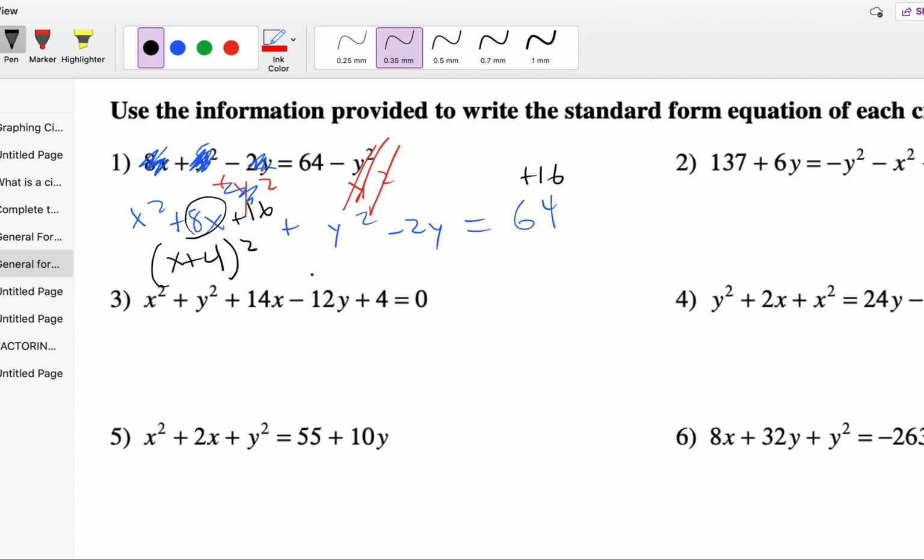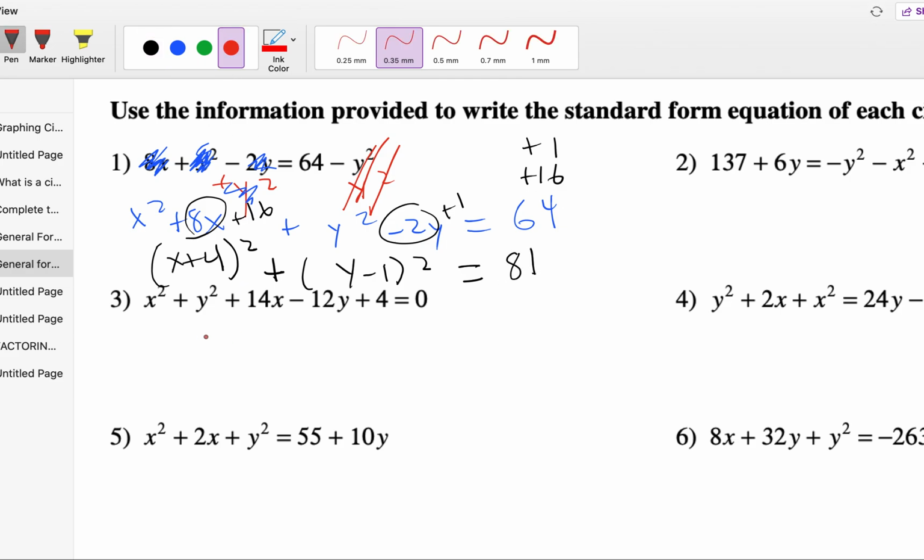The same thing here, I'm going to take half of this number. Half of 2 is negative 1, and negative 1 squared is 1, so I'm going to add 1 to this side. So when I finish completing my square, I have a plus in between them, and then I have 64 plus 16 plus 1, which is 81.